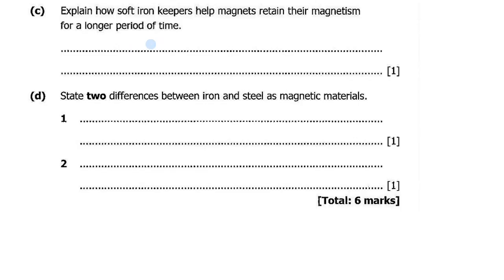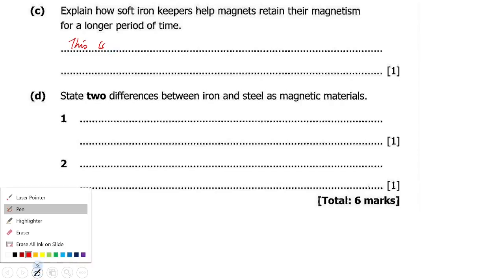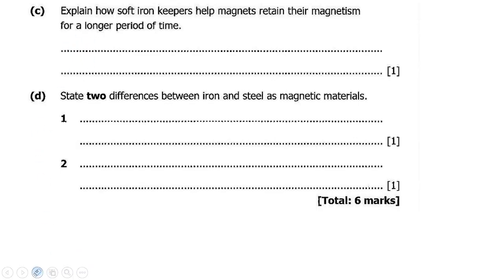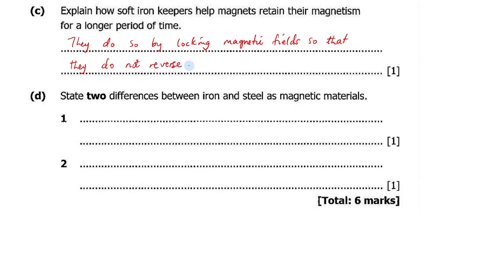So they do so by locking magnetic fields so that they do not reverse the poles.